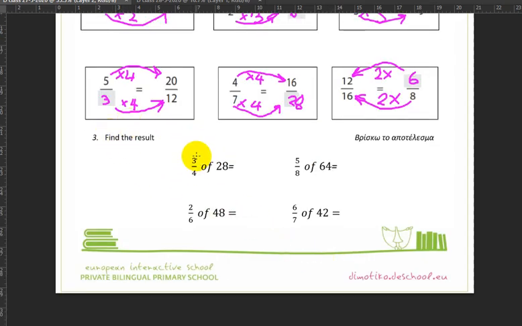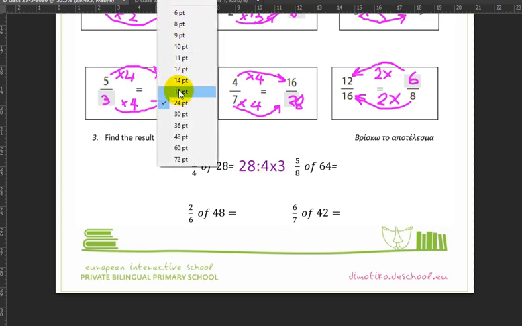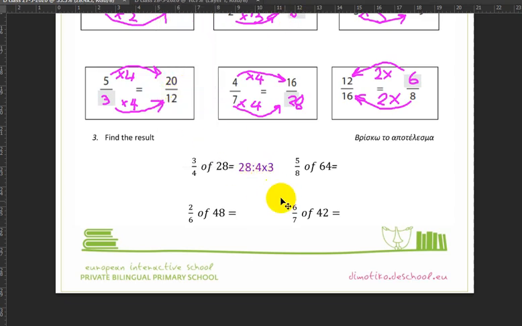All right, next, find the result. We want to find 3/4 of 28. So here we need to do 28 divided by 4 multiplied by 3. 28 divided by 4 will make 7, and then times 3 will make 21.